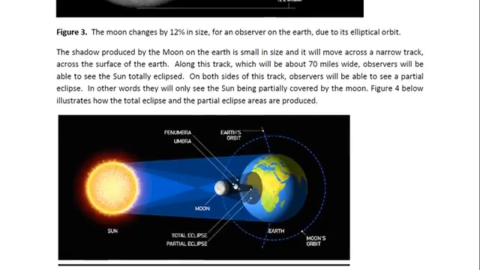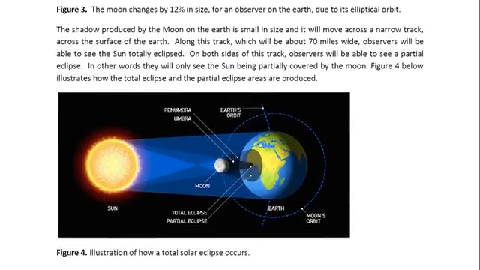And here we see how this shadow is produced. This shadow is about 70 miles in diameter for the eclipse we are going to get on the 21st of August. The size of the shadow depends on the moon's position, how close it is to the Earth. So this is how the shadow is formed.